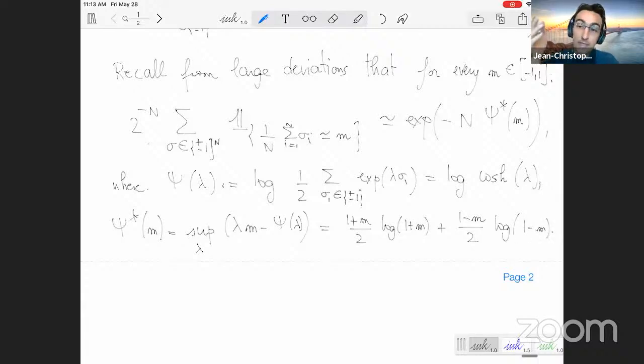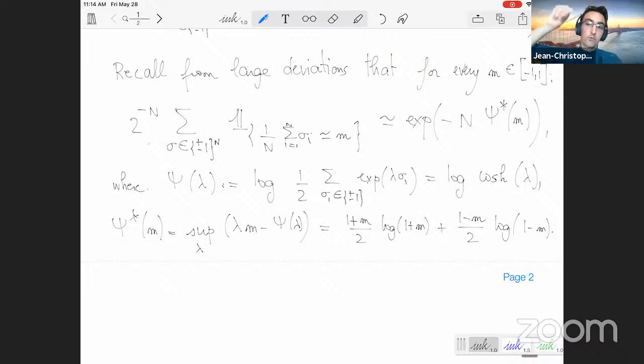And in fact, here I'm quoting large deviations and using these psi star things, but this is really the exact same result as the one we started with when we were discussing Bernoulli random variables. Except that in that initial computation, I was using Bernoulli variables which took values 0 and 1, and now they take values -1 or 1.